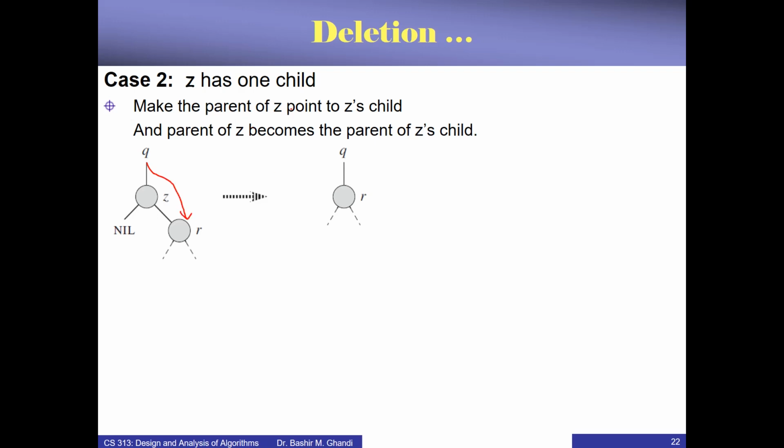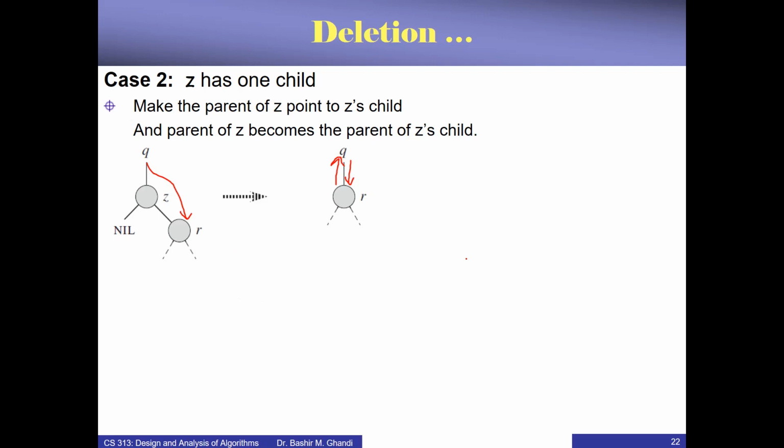Okay, make the parent of Z point to Z's child. Okay, so we have like this. Secondly, the parent of Z becomes the parent of Z's child. In other words, the arrow going up from R will now go to Q. This is basically the idea.